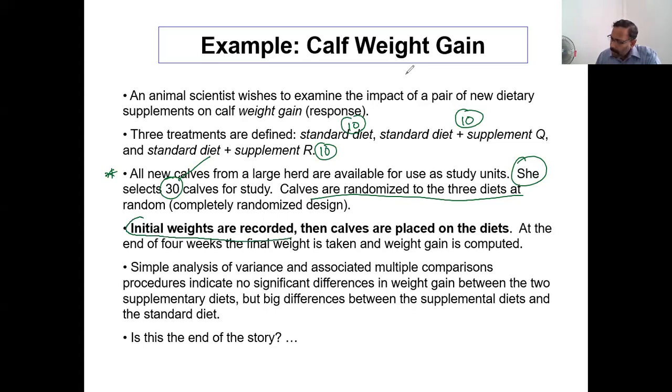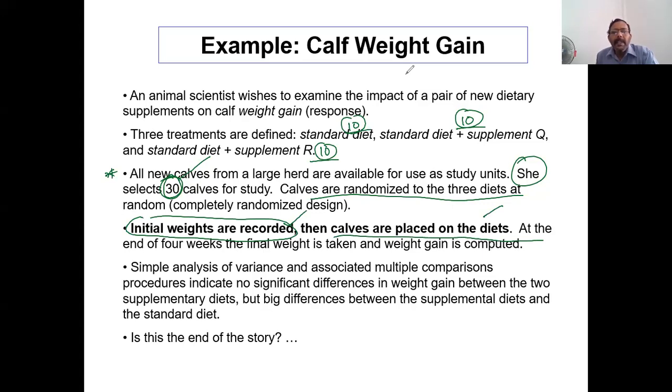It is very difficult to get the same weight for all 30 cows, so for our information, I have recorded the initial weight of all these 30 cows. Then cows are placed into the diets, 10 cows for each diet.